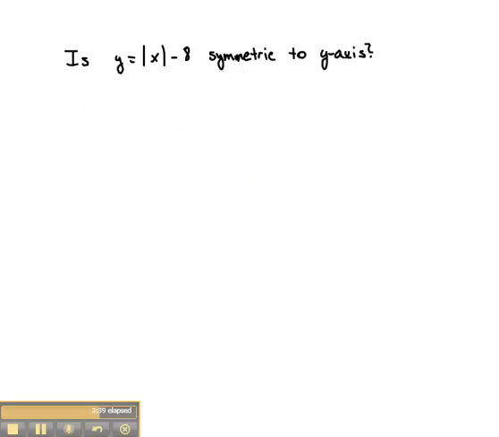Now we have to show if it is symmetric with respect to the y-axis. So for y-axis symmetry, we replace the x with negative x. So I'm going to rewrite my equation, and instead of x, I'm going to replace that with negative x. Now because this is absolute value, the negative x is going to be x units away from 0.